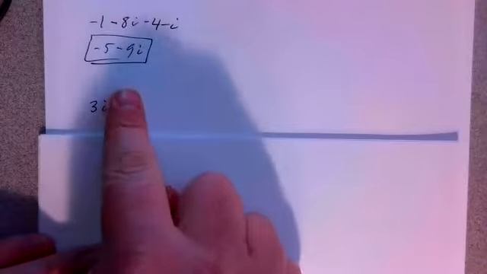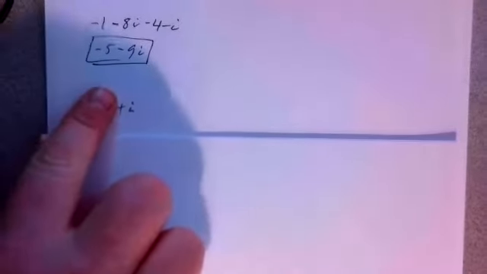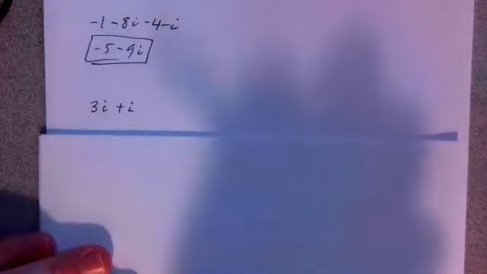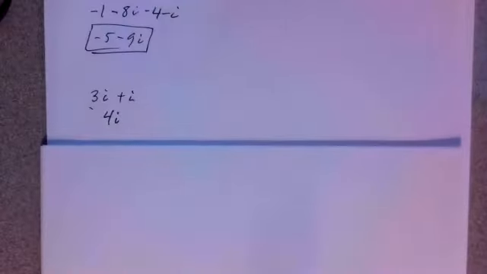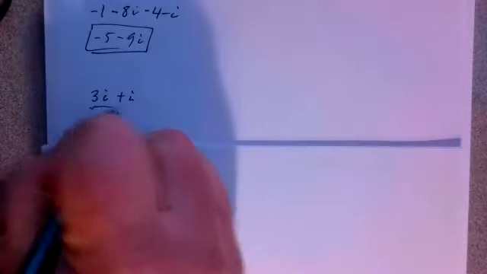The first one is 0 plus 3I. The second complex number is 0 plus I. But here I'm just combining my like terms. 3I and I is a grand total of 4I. So that's it. Nothing more I have to do with this one.